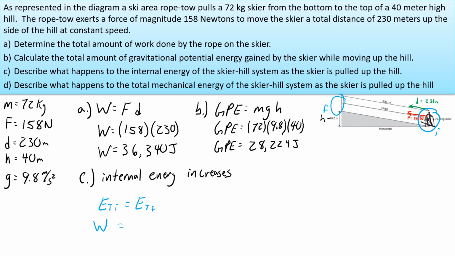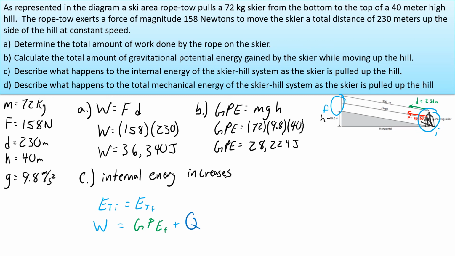So the work done is equal to the potential energy that you gain, the GPE at the end, plus the internal energy, Q. So yes, it's going to increase as you go up the hill. You gain potential energy and you gain this internal energy.